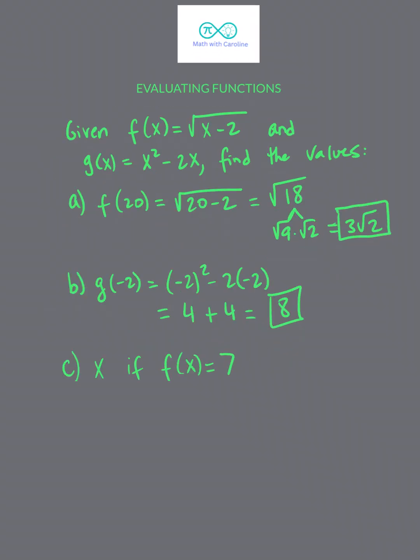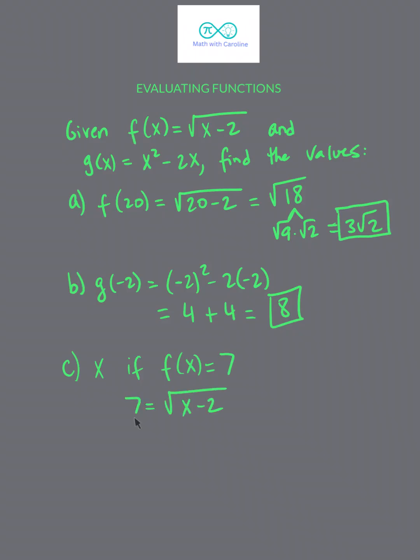For our next example, we're going to find x if f of x equals 7. So you see the difference between c and a. We're still using the function f, but now we're given f of x, and we have to find x. So we're going to plug in the 7 for f of x.